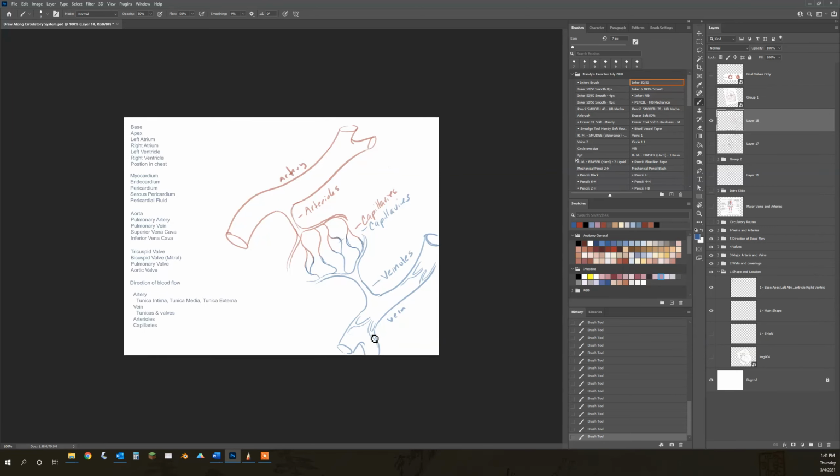And these are one-way valves, so that blood can flow through, but then when it gets through, it can't come back down. So it's a one-way valve, like down in your legs.